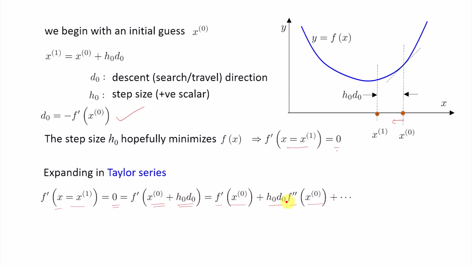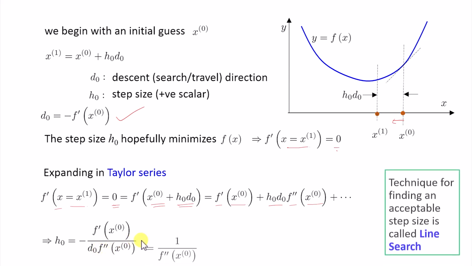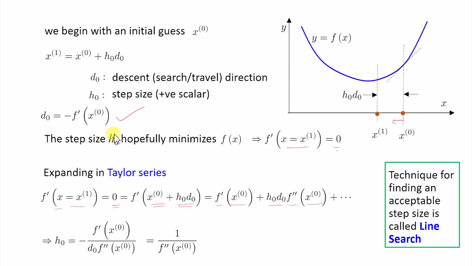We neglect the higher order terms and find out h0. Because it is 0 here, I can take f prime to the other side and divide by f double prime. This will give me h0 equal to negative f prime divided by d0 f double prime, and d0 we already know is in fact negative f prime.